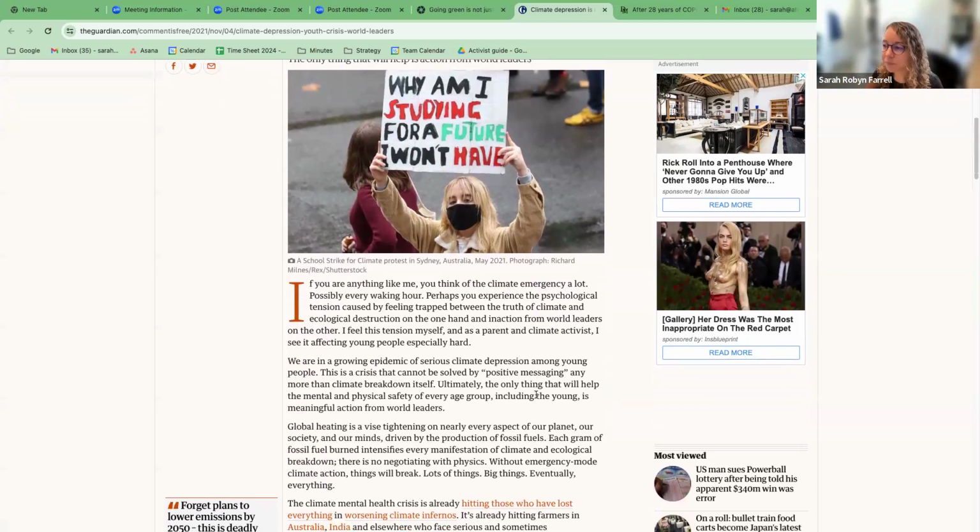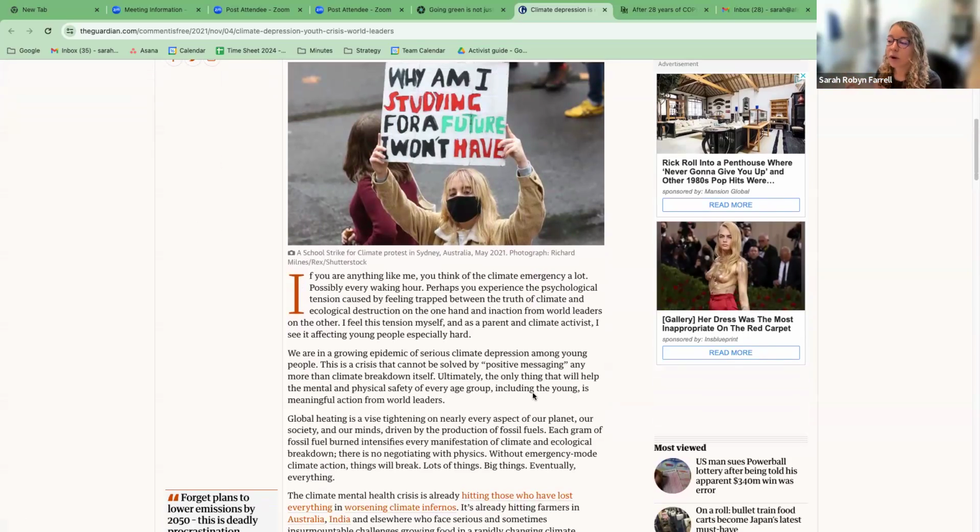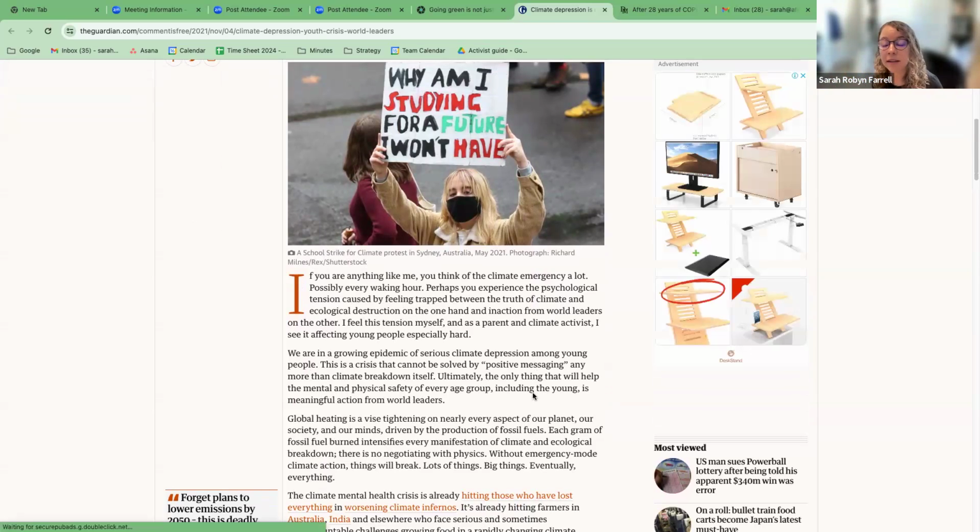What you'll see here is that he writes it from a personal angle. So he says, if you're anything like me, you think of the climate emergency a lot. That is often done. It doesn't have to be done, but it is a possible way of approaching an opinion piece where you draw on your own personal experience, things that have happened to you, things that you think.